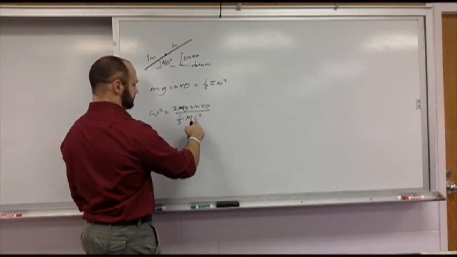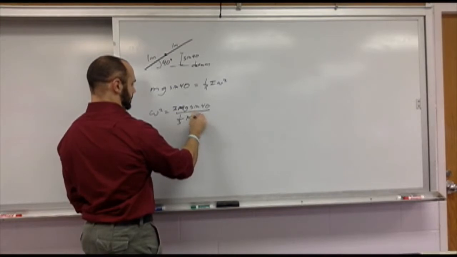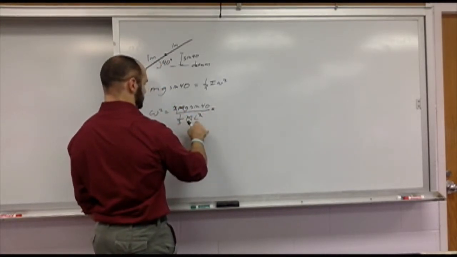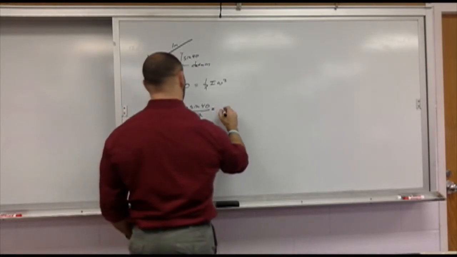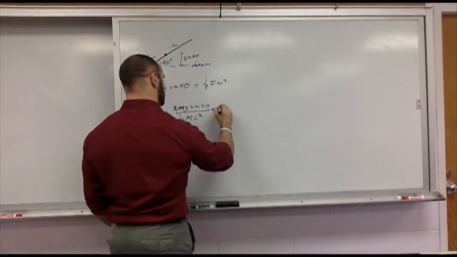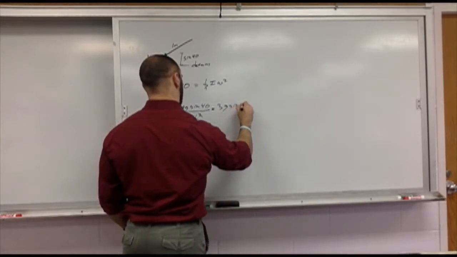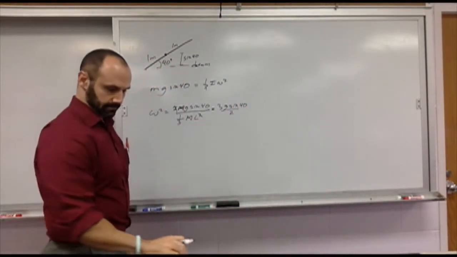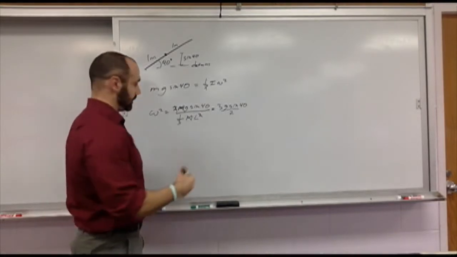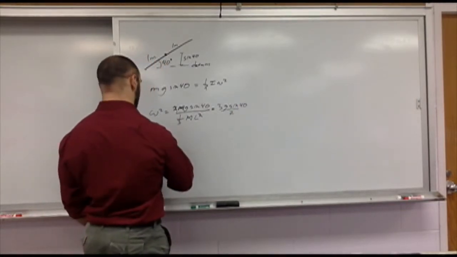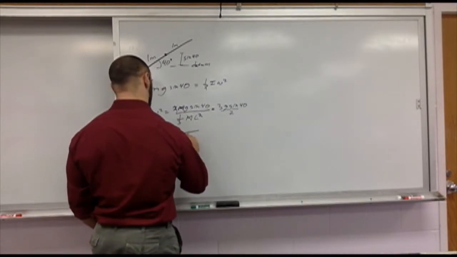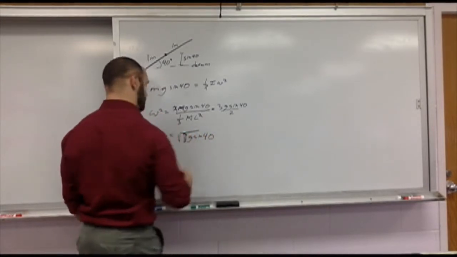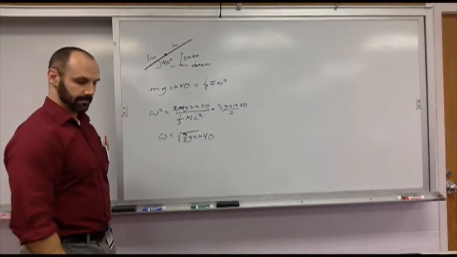Well, this is 2. So one of these is going to cancel out one of these guys, and so we've got still 2 on the bottom. So 3g sine of 40 over 2. And that's it. Then I take the square root. So omega is the square root of 3/2 g sine of 40. Okay. That's example 3.